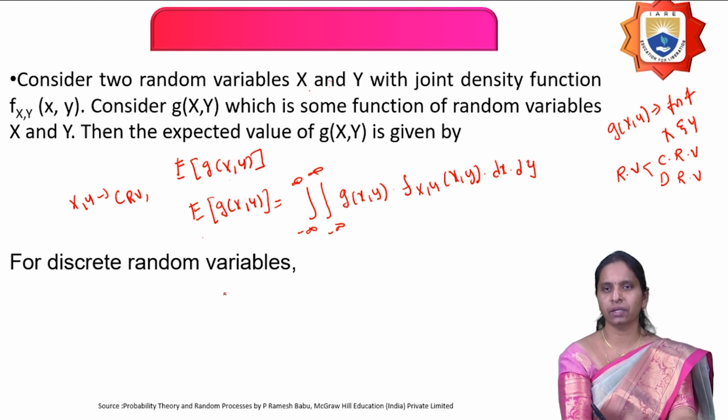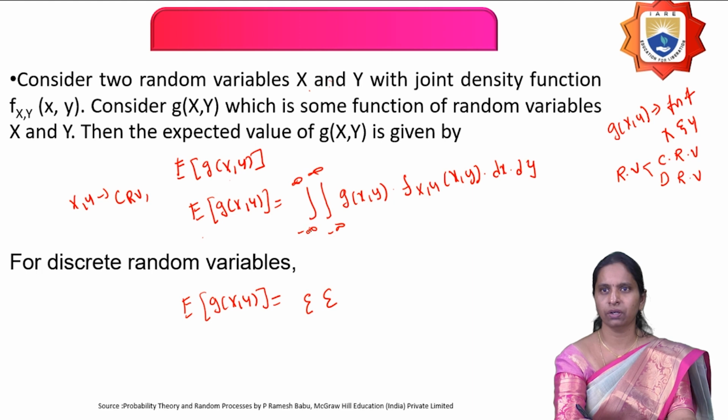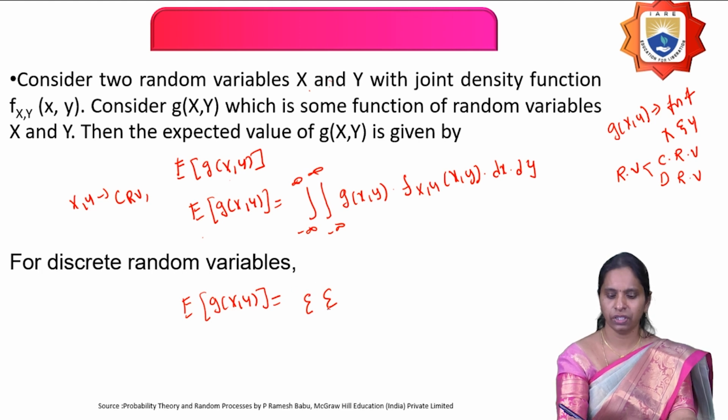Now, for discrete random variables, how can you write down the expectation of the two discrete random variables? In place of integration for discrete random variables, we will write sigma. Because for continuous the summation is integration, and for discrete random variables the summation is sigma.